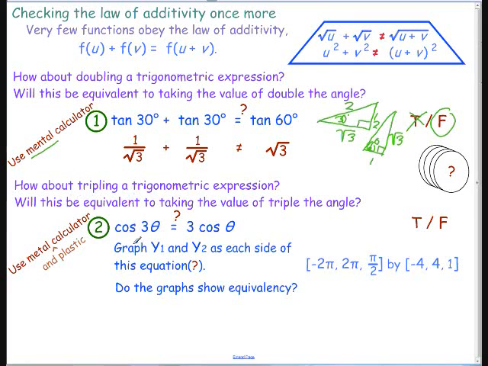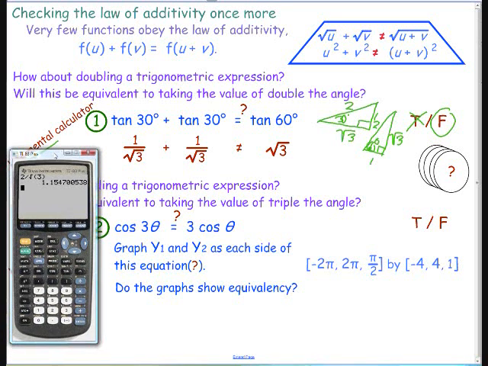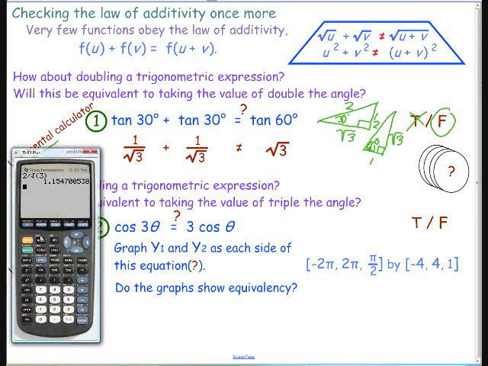How about tripling? 3 theta, okay? Cosine 3 theta, does that equal 3 times cosine theta? This time we're going to use, instead of a mental calculator, a metal calculator. Well, metal and plastic, yes. Okay. So we're going to do some graphing.